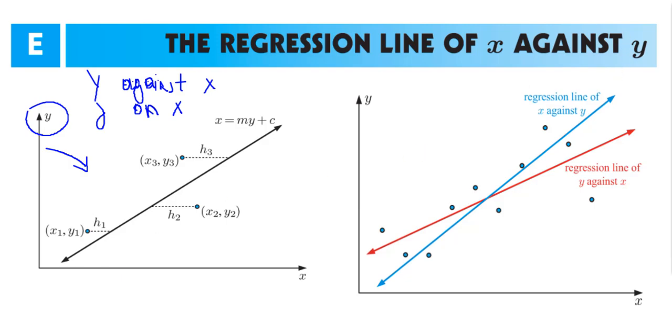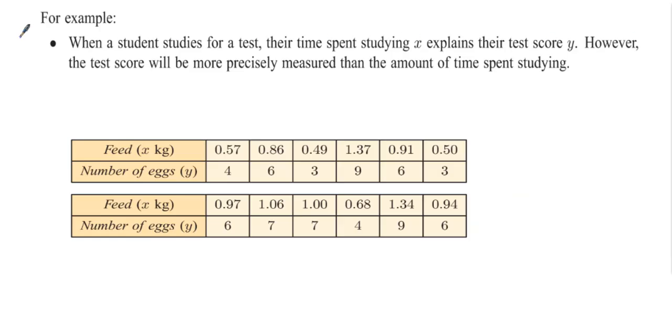Sometimes it may happen. For example, in your book there is an example where a student studies for a test. If I draw a scatter diagram, there is the time spent and the test score.